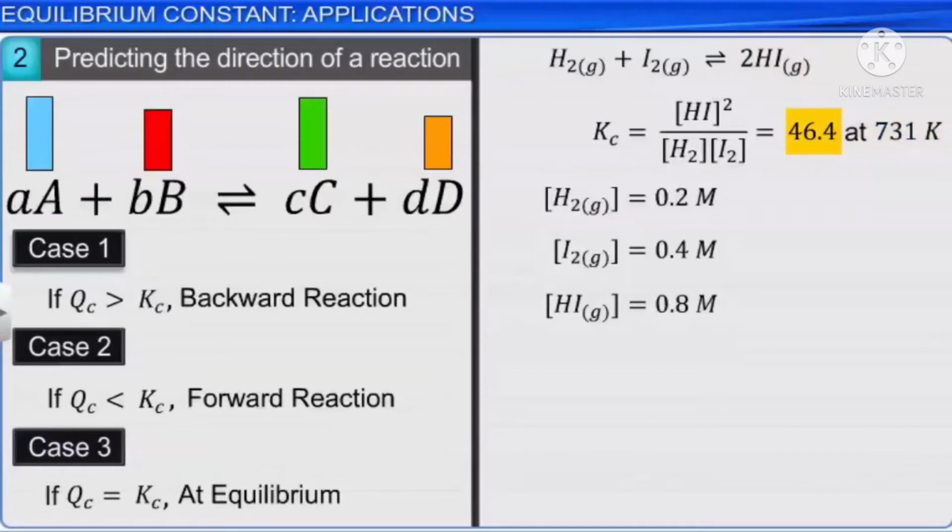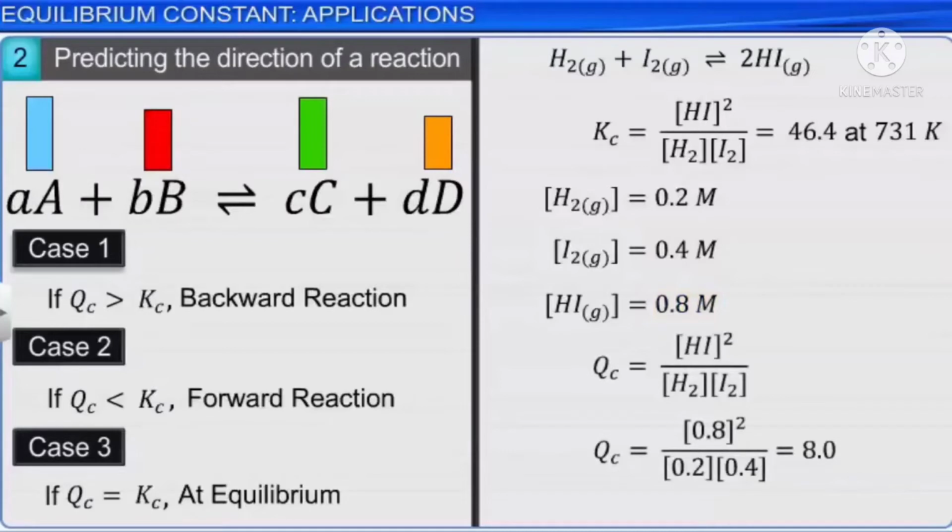Suppose at a given time, the molar concentration of hydrogen is 0.2 M, that of iodine is 0.4 M, and that of hydrogen iodide is 0.8 M. The reaction quotient Qc at this stage of the reaction is equal to the concentration of hydrogen iodide raised to the power of 2 divided by the product of the concentrations of hydrogen and iodine.